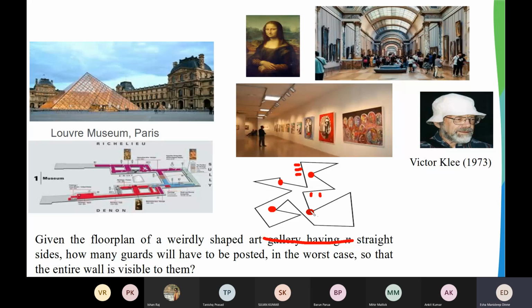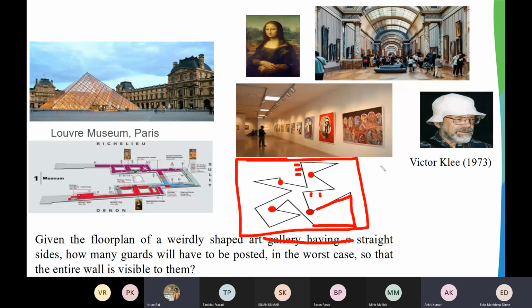And this whole wall will be visible to this person, and this whole region is also visible to the same person. So I think it's not that difficult to see. These 4 guards should suffice for this specific floor plan. So you would like to know, for a random shape with n walls, how many guards should I hire so that the whole wall is visible to them, and where should I place my guards? You get the question?